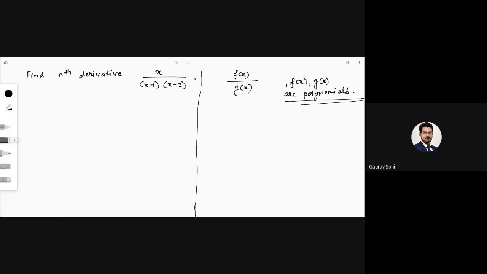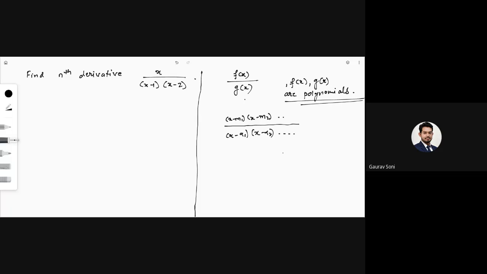So in that case, I can always reduce the polynomial to some form where I can take the nth derivative of this. Since it is a polynomial, I can always have a form like x minus m1, x minus m2, this kind of thing in the numerator, and x minus alpha 1, x minus alpha 2, this kind of thing in the denominator.